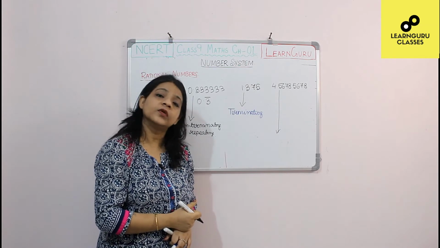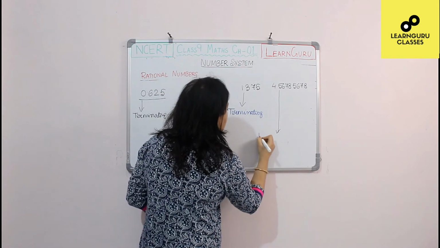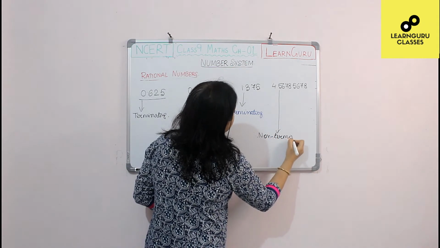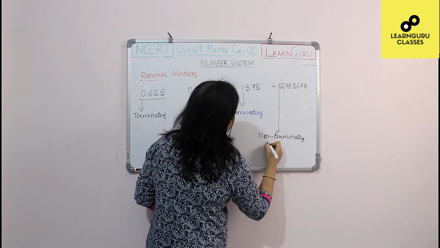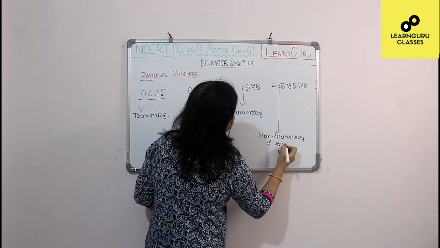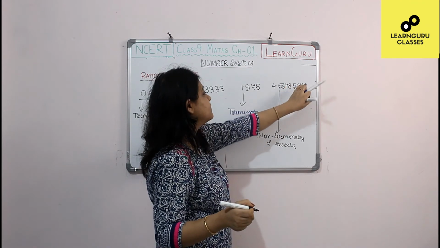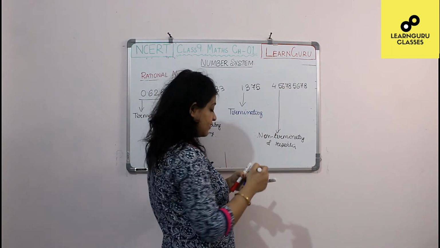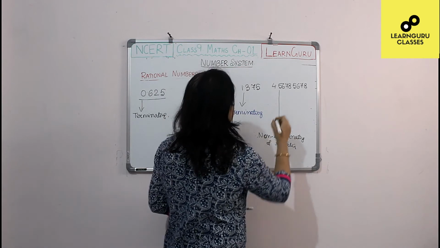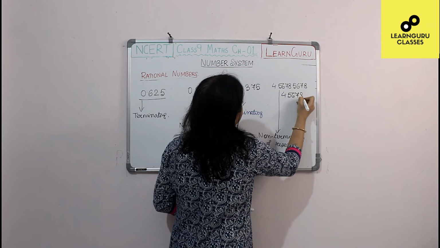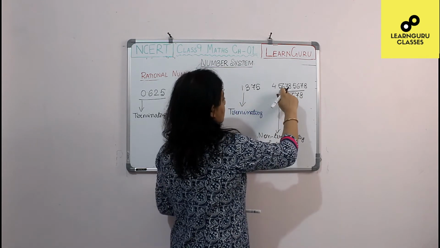So we can conclude that it is a non-terminating and repeating decimal expansion. Instead of writing 4.5678 repeatedly, we can simplify it by writing 4.5678 bar.